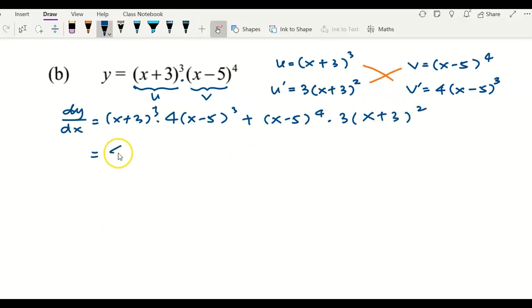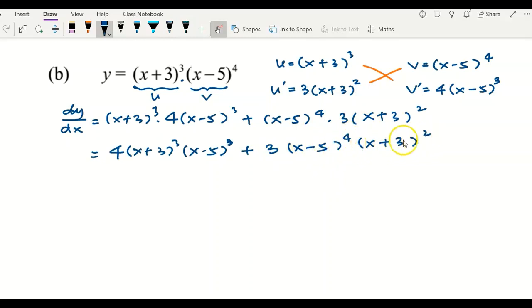So rearrange it. Normally, I will put the coefficient as the leading number of the term, and then 3(x minus 5) to the power of 4, (x minus 3) squared.